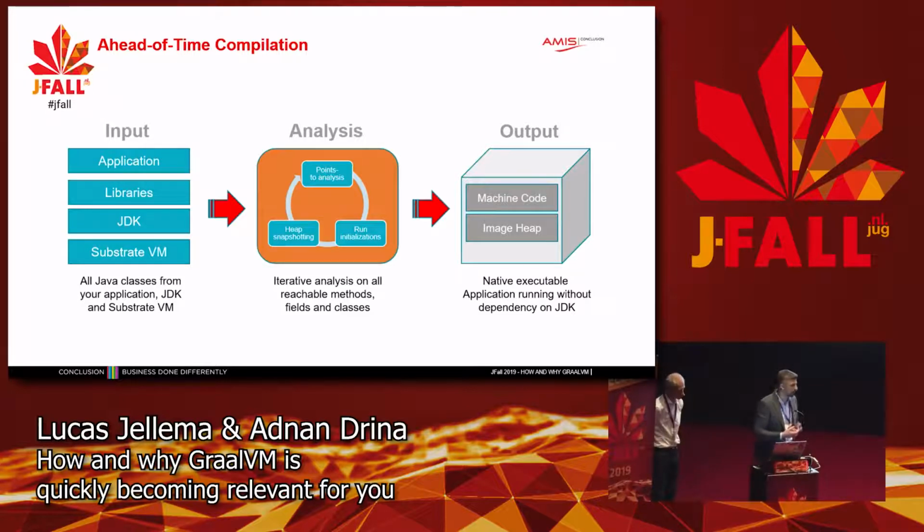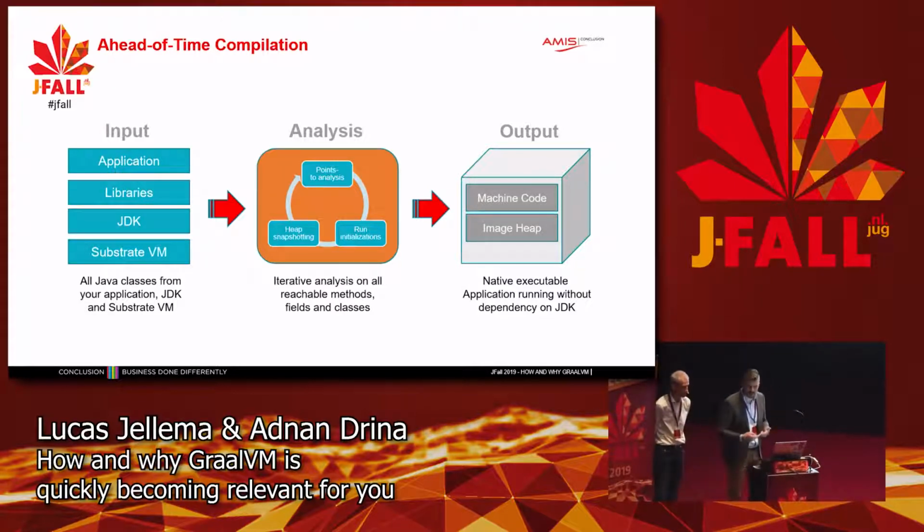So the compiler will check only what is used by your application and how it's used, try to initialize that and package it so that we get a very minimal package, and everything will be pushed out to the native executable. In the machine code section, there will be your AOT-compiled code, and in the image heap, there will be those preloaded methods and classes. It also helps you to initialize your application on startup.